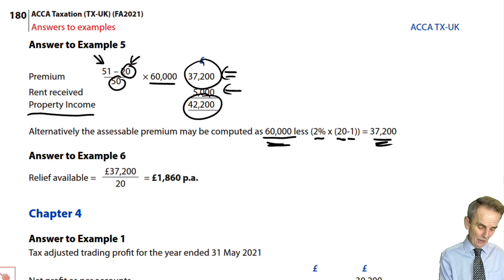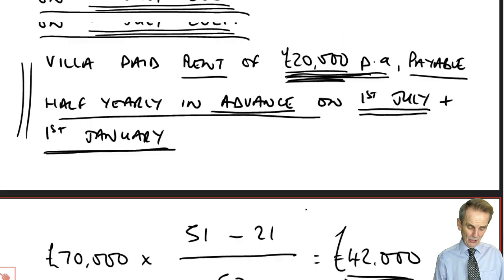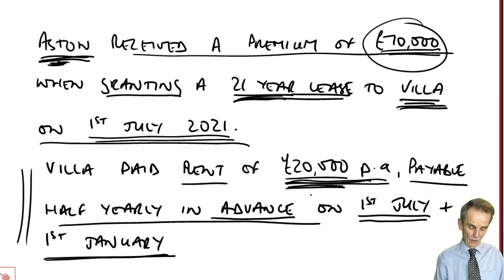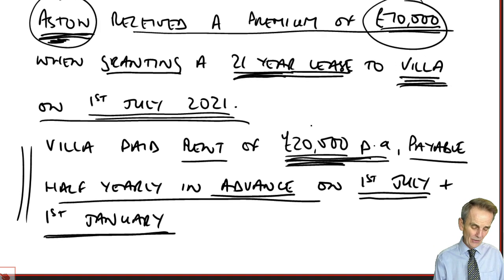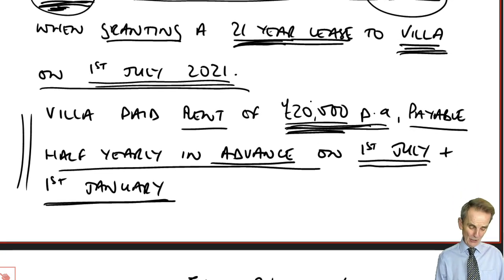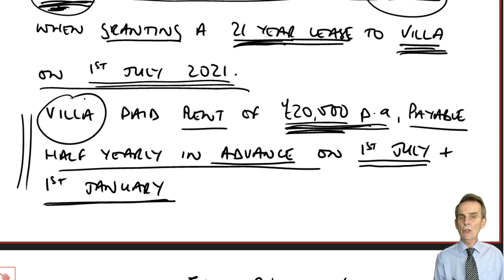Just going back to our notes, in our class example we dealt with the situation for the lessor, Aston. There is a further issue as regards the premium that's been paid by Villa, and what we can do with that in Villa's hands.